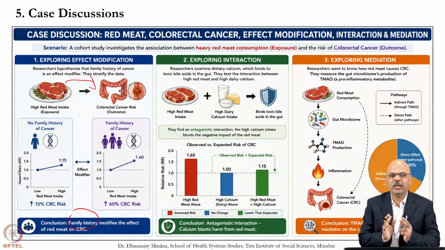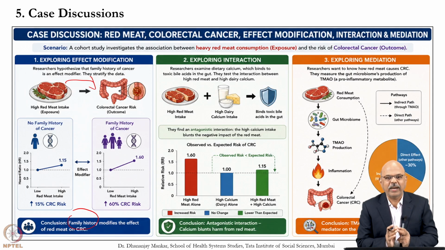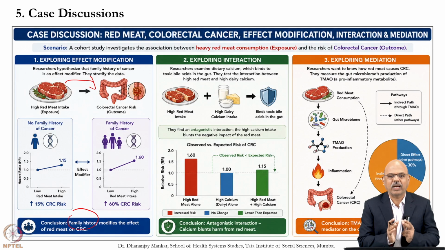Now what is exploring interaction? So now there is an interaction which is coming, and we will try to understand it. Researchers examine dietary calcium, which binds to toxic bile acids in the gut. They test the interaction between high red meat and high dairy calcium. It binds the toxic bile acids in the gut. So they find an antagonist interaction.